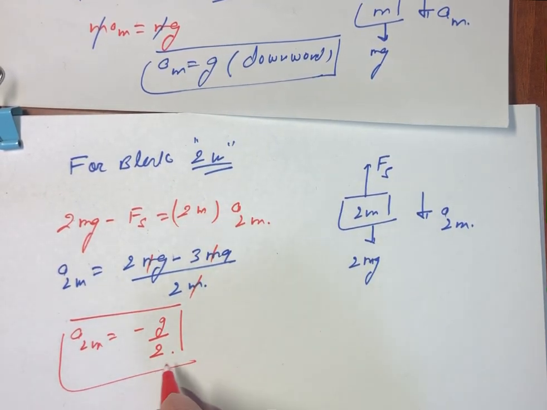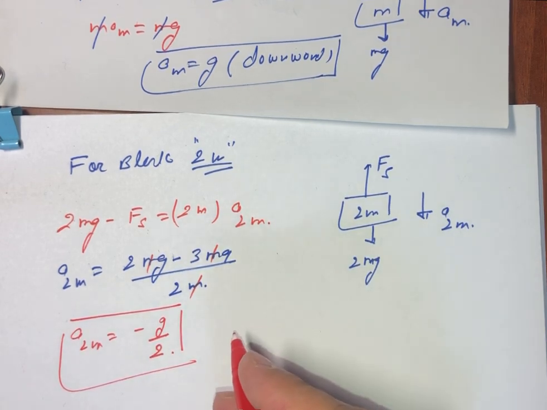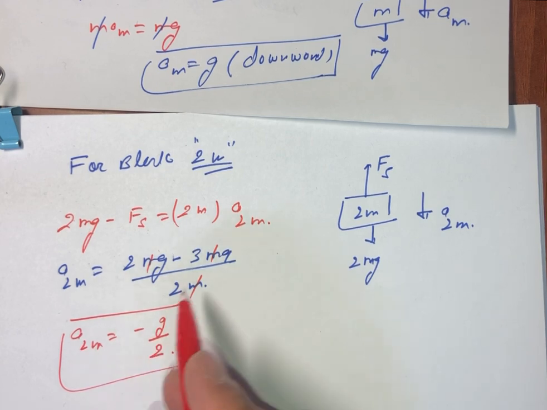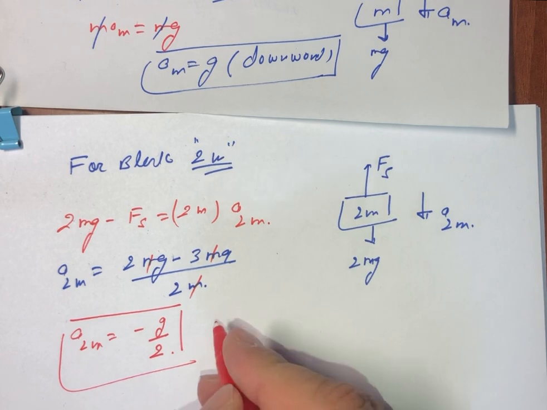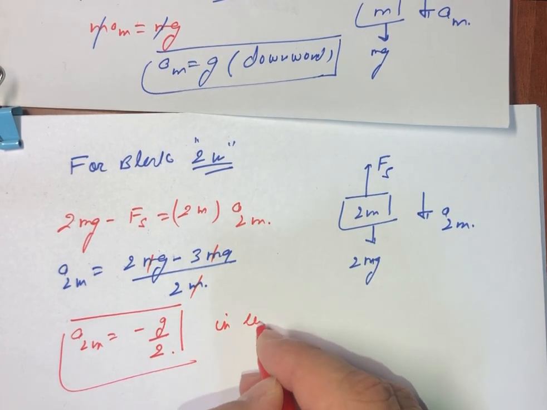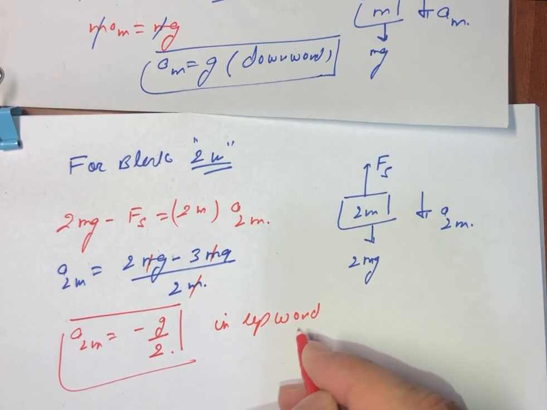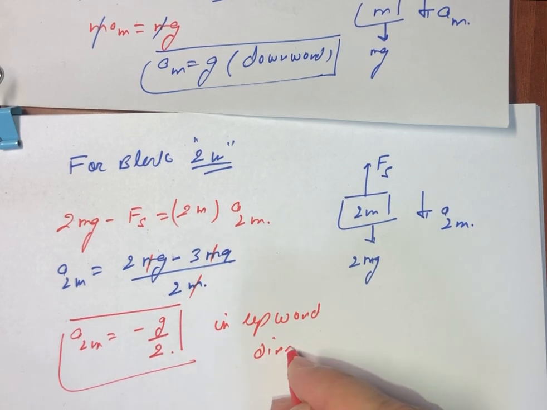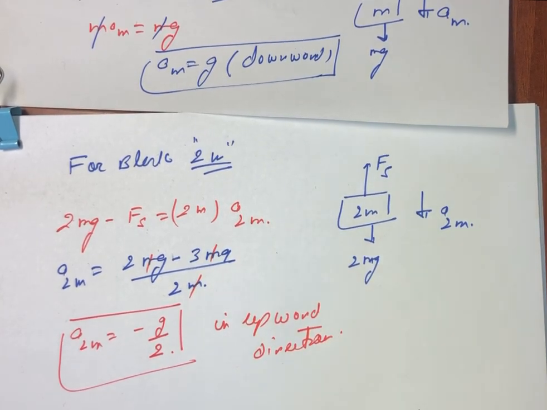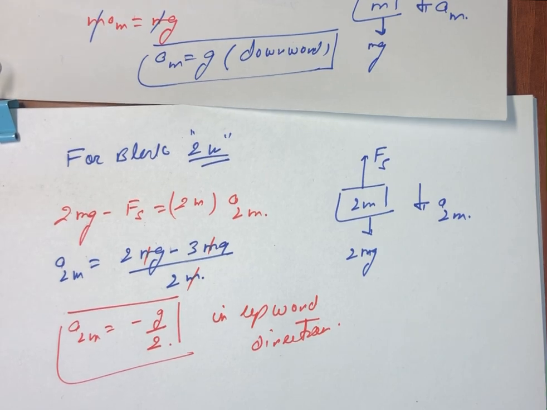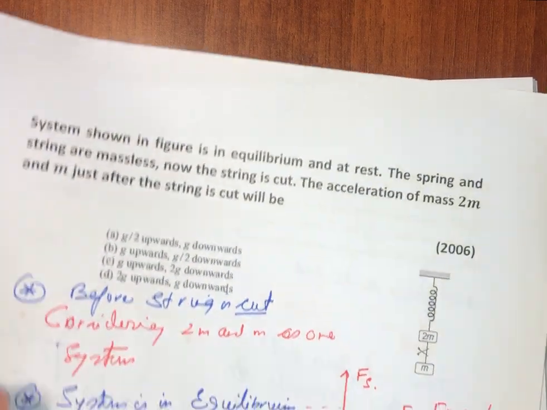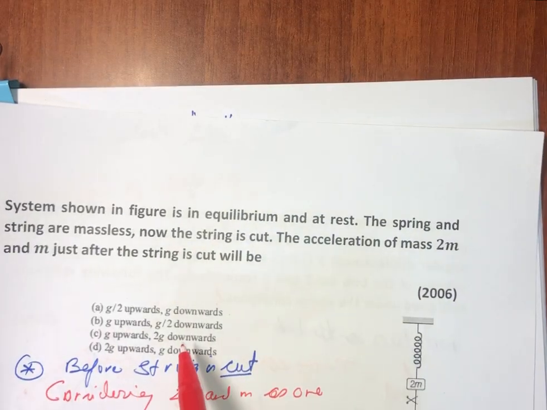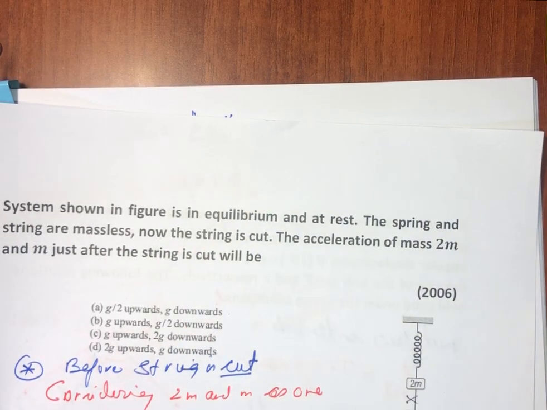So this is the acceleration of mass 2m, but in the upward direction because of the negative sign. So we can say that a_2m is g by 2 upwards and a_m is g downwards.